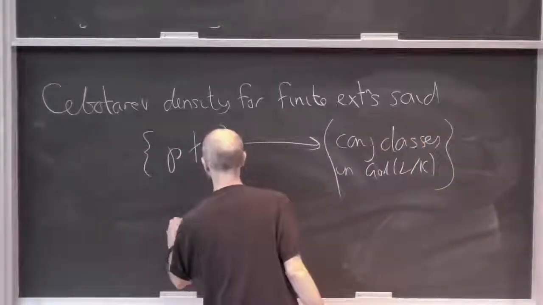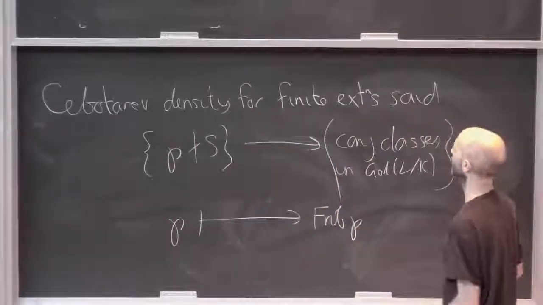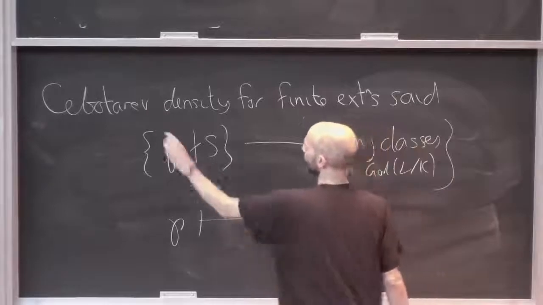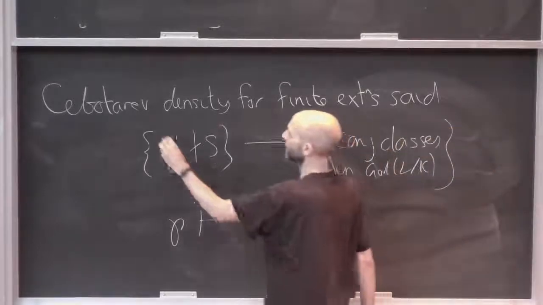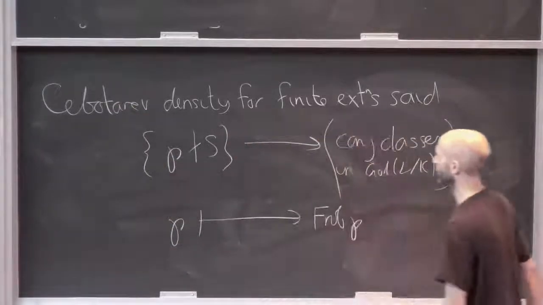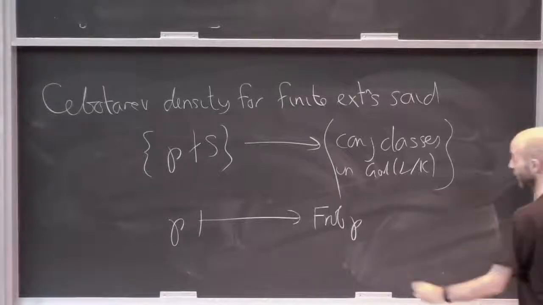There's missing accents, sorry, Chebotarev. I forget where they go. They're sort of strange. I should revise my Cyrillic somehow, shouldn't I? Chebotarev density for finite extensions says this is surjective.